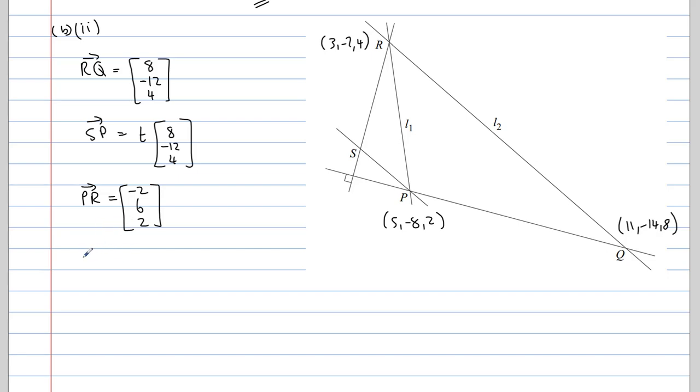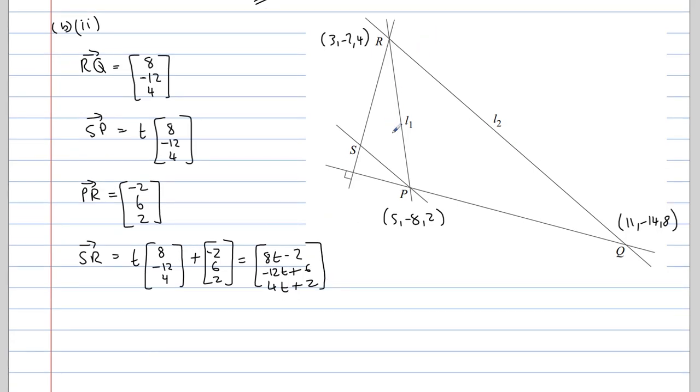Now I can work out what SR is equal to. I'm going to get SP, forwards along this one, plus PR, forwards along this one. Combining these two parts together, I get 8t minus 2, minus 12t plus 6, and 4t plus 2.